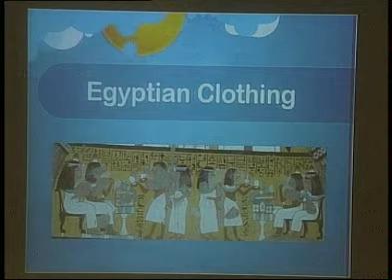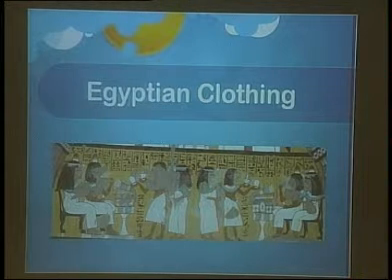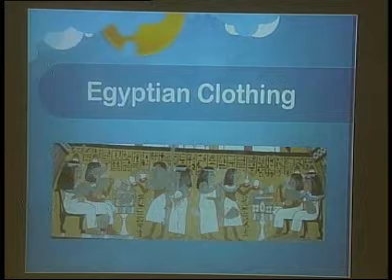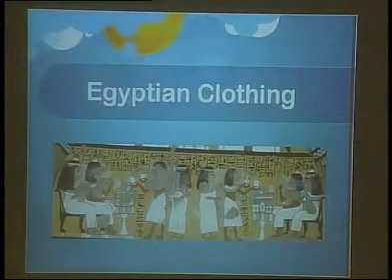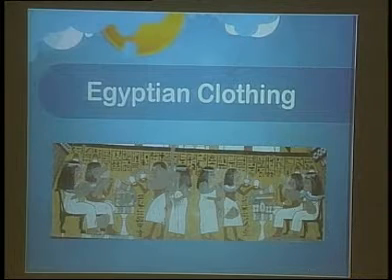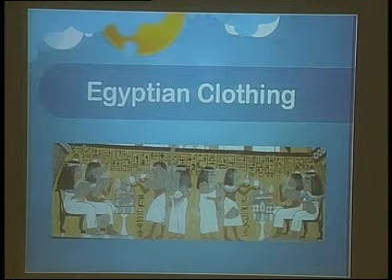So linen is the predominant fabric. It occurs in 5 specific grades, distinguished by the ancient Egyptians as ranging from royal linen up at the very top to ordinary linen at the bottom of the 5 grades.